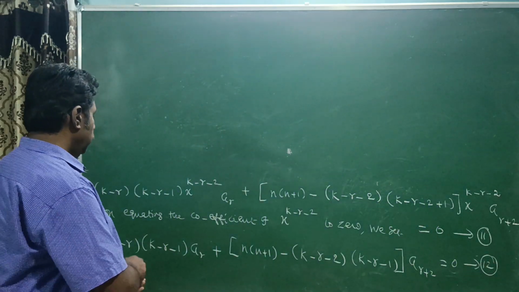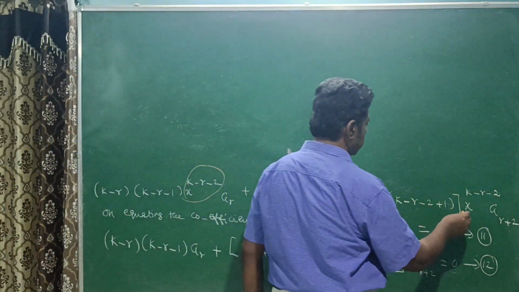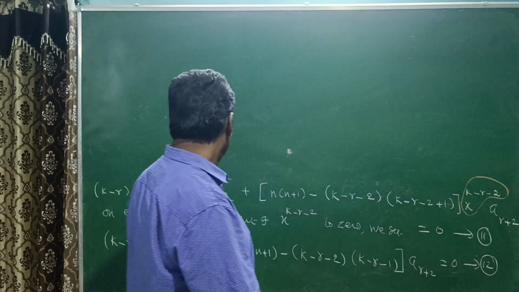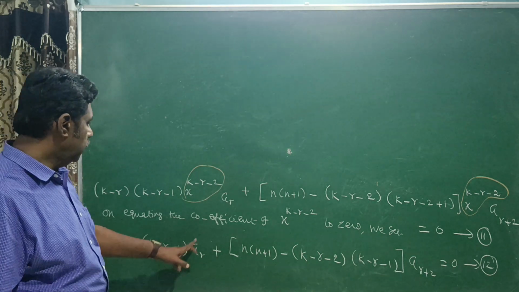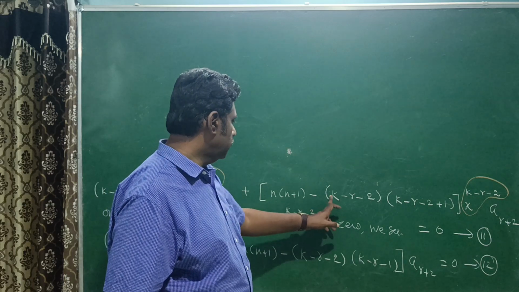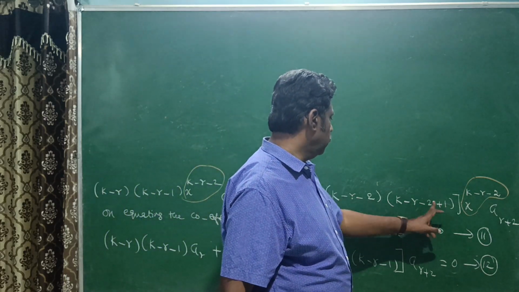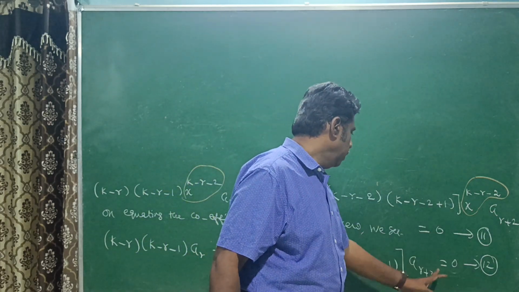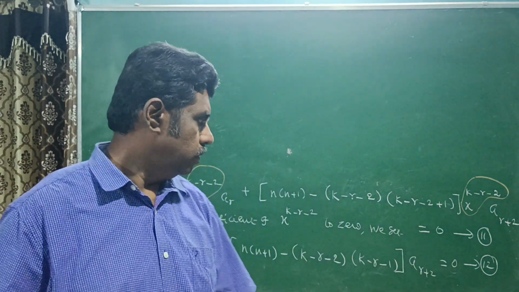Just we have to equate the coefficient of x power k minus r minus 2. k minus r, k minus r minus 1 into this ar plus n into n plus 1 minus k minus r minus 2. Here k minus r minus 2 plus 1 is k minus r minus 1. Entire is multiplied by a suffix r plus 2 equal to 0.